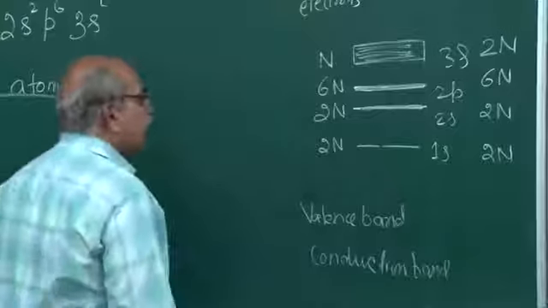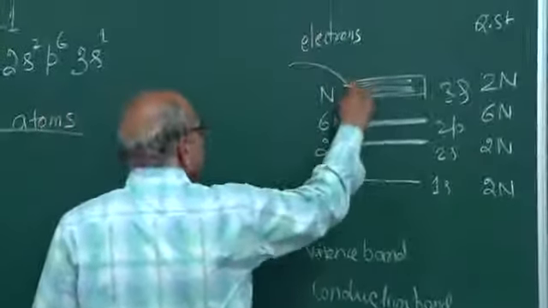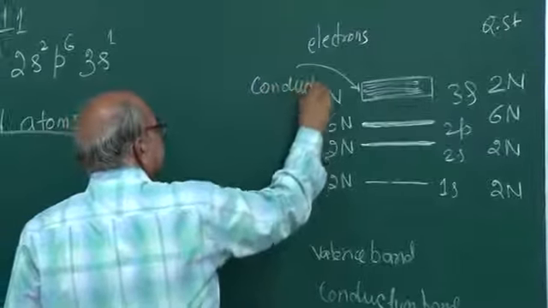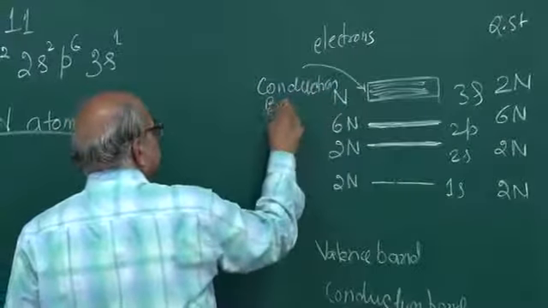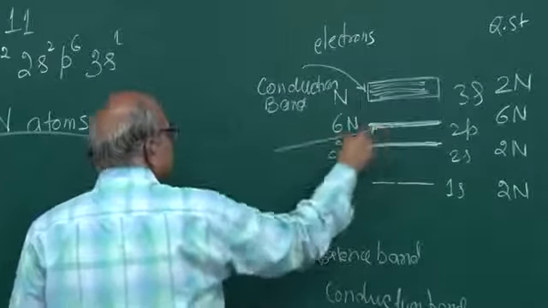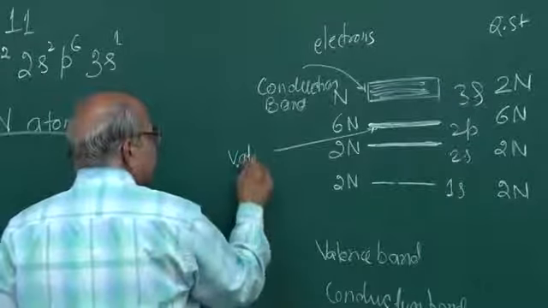In this particular diagram, this band I will be calling conduction band, and this one I will be calling valence band.